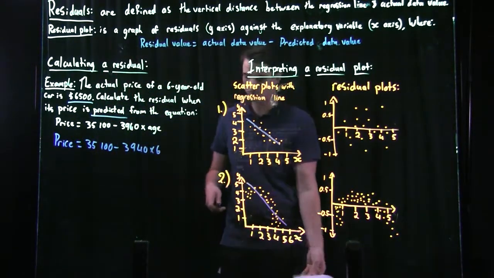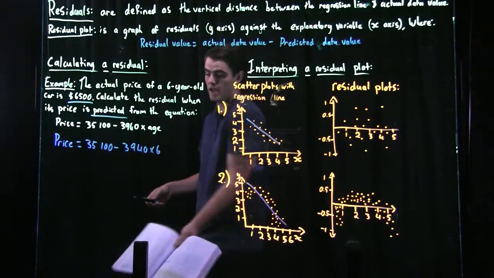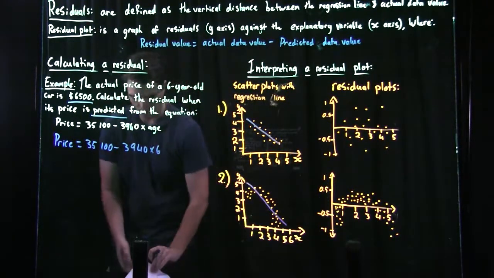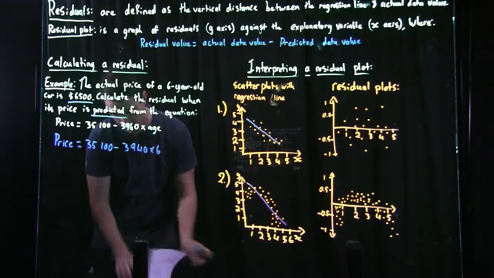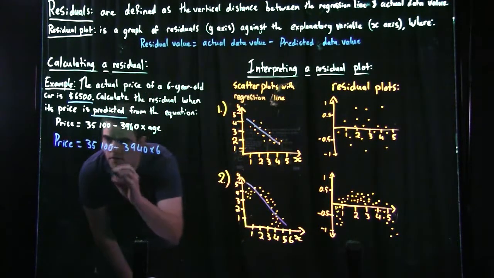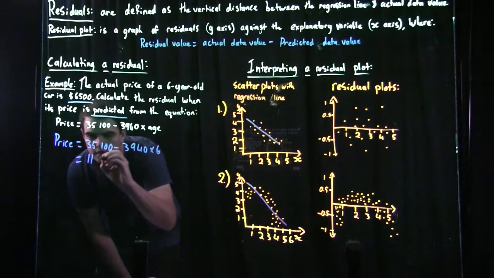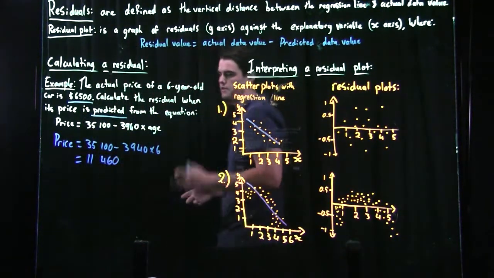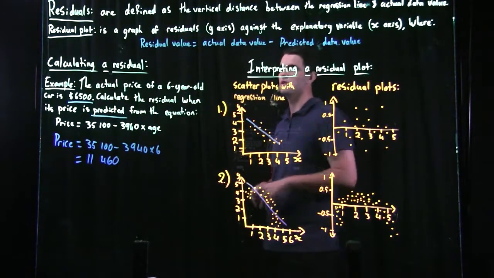Okay, I've just multiplied that by 6 because the age of the car is 6. That's why it's pretty straightforward for that one. When I put that in my calculator, I get 11,460.